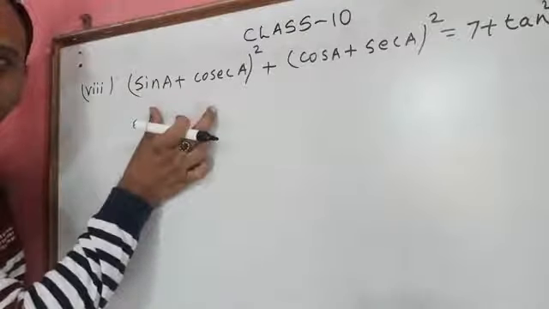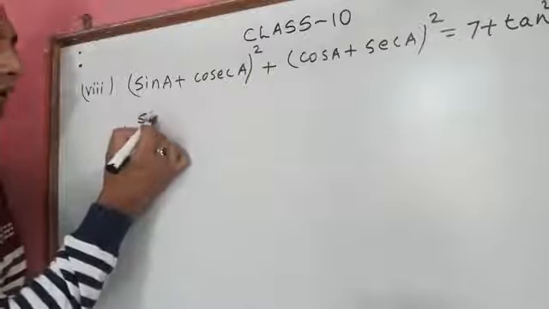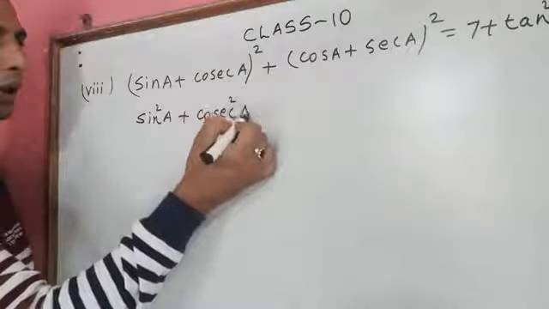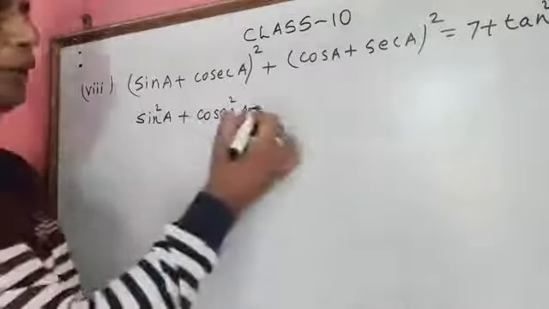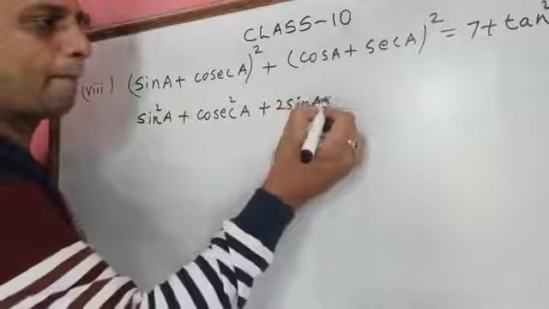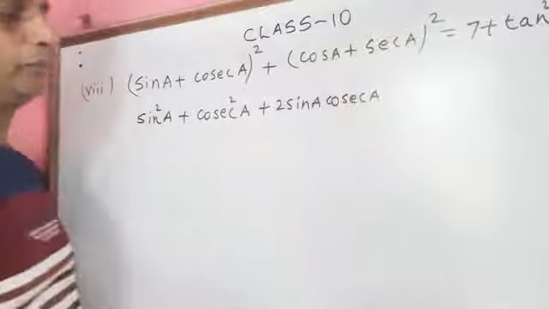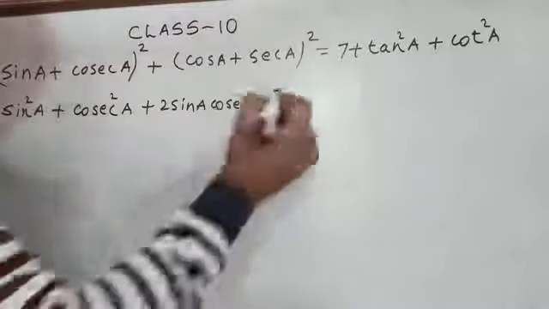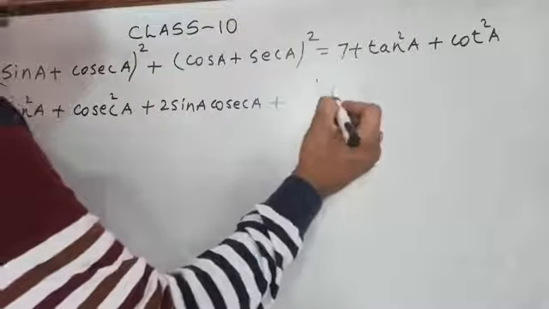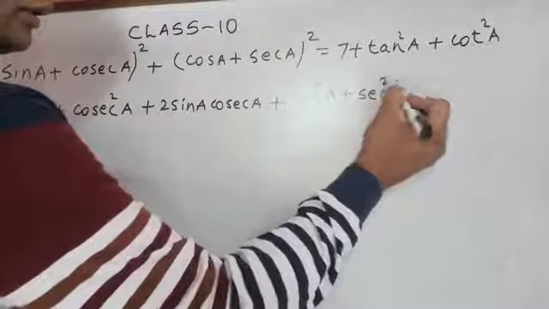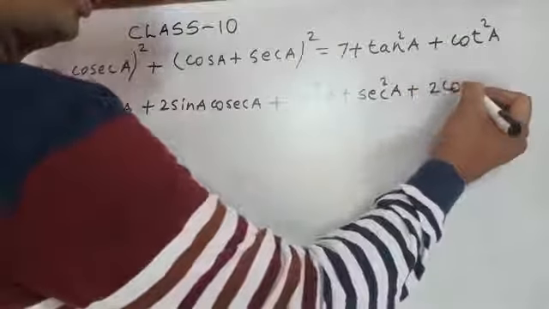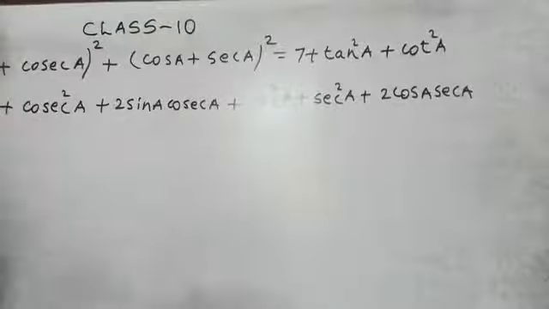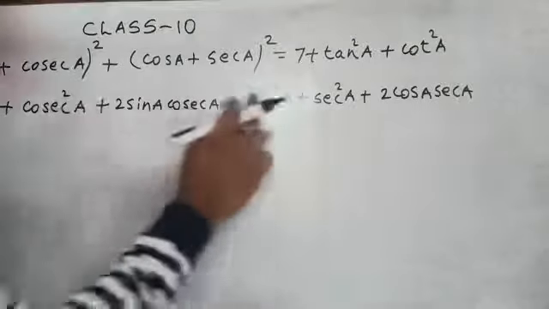This is in the form of (A plus B) whole square, so we can write sin A whole square plus cosec A whole square plus 2 sin A cosec A, plus cos square A plus sec square A plus 2 cos A sec A. So A square plus B square plus 2AB, A square plus B square plus 2AB.